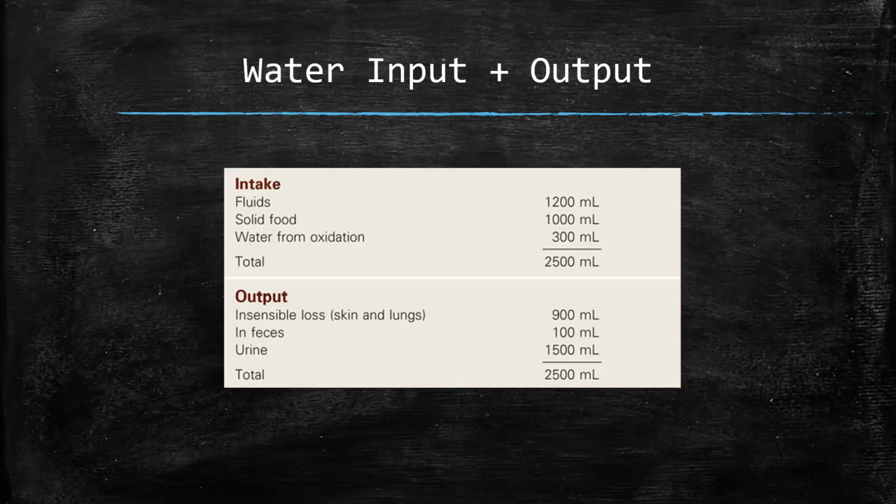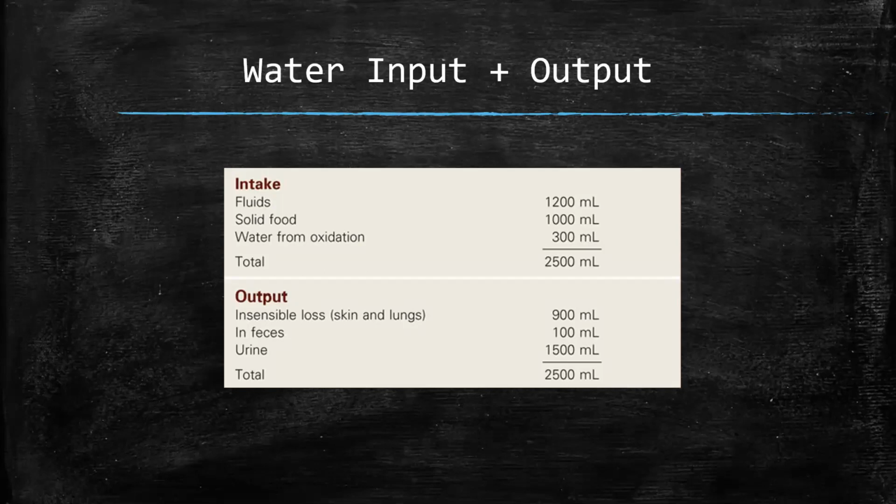Some days it'll be less. Friday nights, it's likely to be more. And then we get a fair amount of water from our food. Fruits and vegetables are almost 100% water by weight. And so there's a lot of water locked into those kinds of foods, and that contributes a fair amount to our water balance as well.